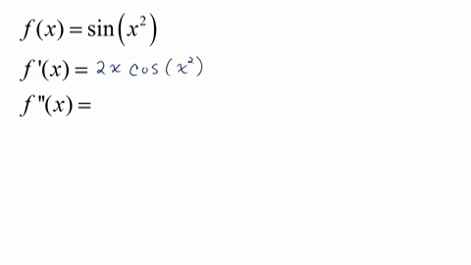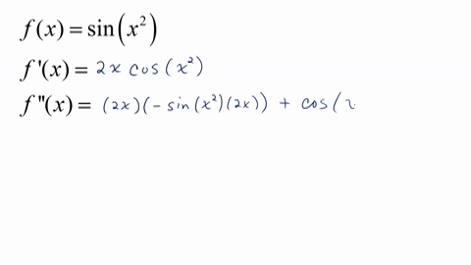Now to find the second derivative, we'll use the product rule. So that would be first function, 2x, times derivative of the second function. So the derivative of cosine would be negative sine x squared times, again chain rule, times 2x, plus second function cosine x squared times the derivative of the first function, which would just be times 2.